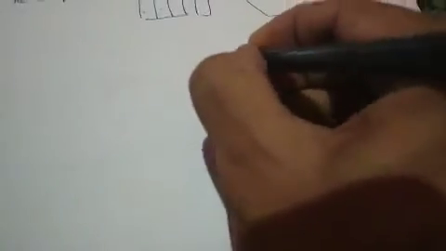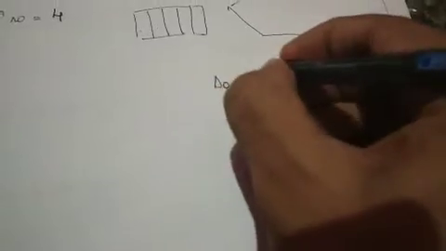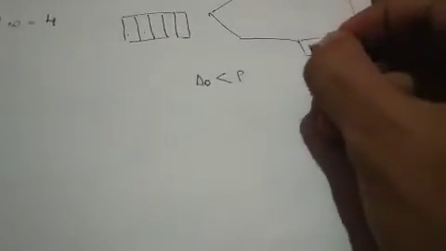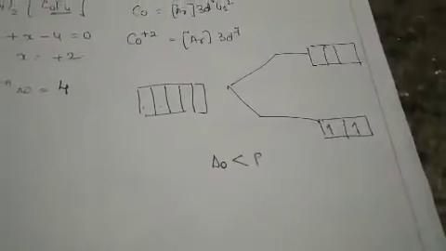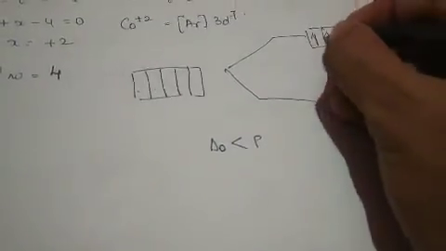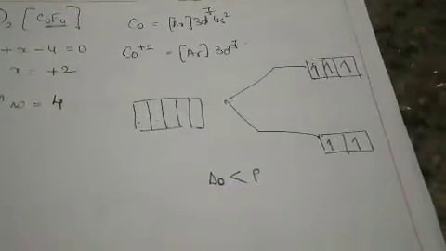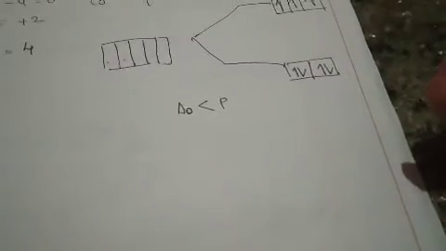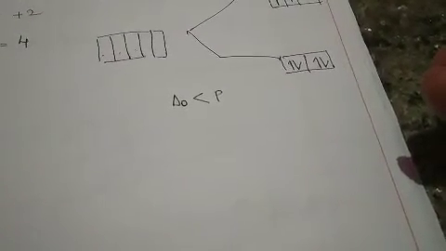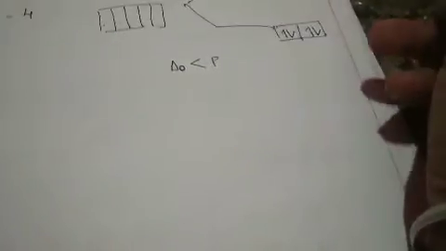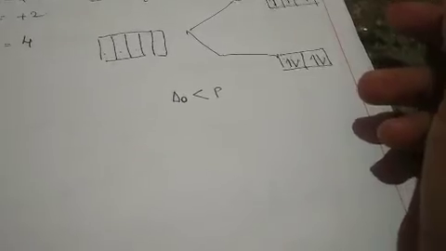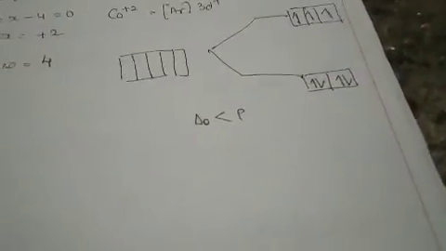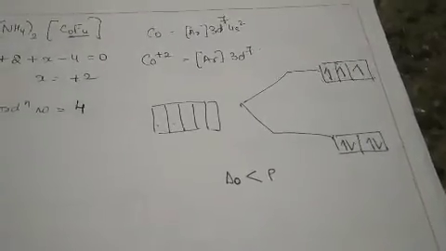So delta is less than the pairing energy. The first electron will come here, the second electron here, the next 3 electrons third, fourth, fifth, and then sixth and seventh. Giving you the configuration as E4 T2 3, that is, EG2 T2G5 as stated.